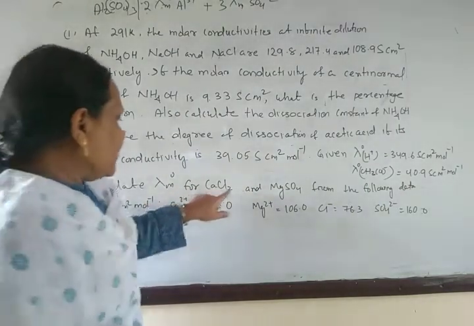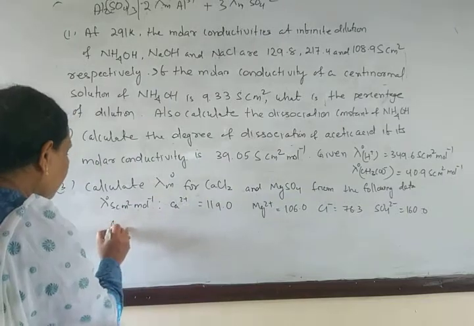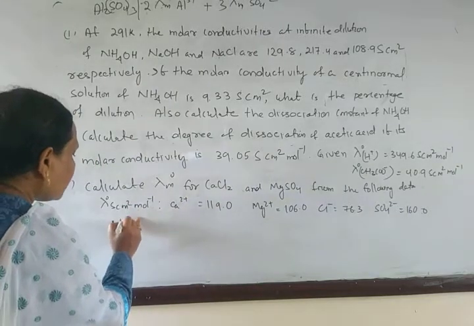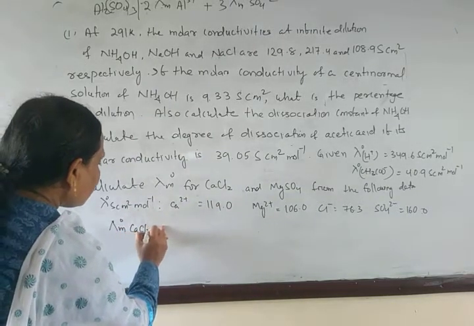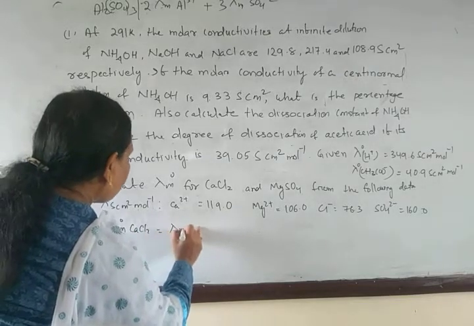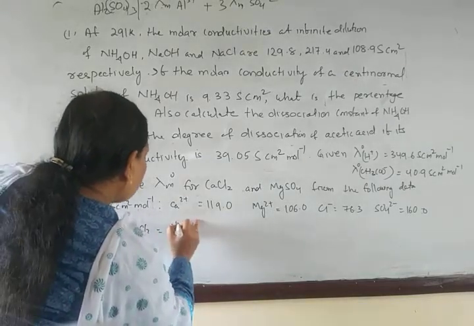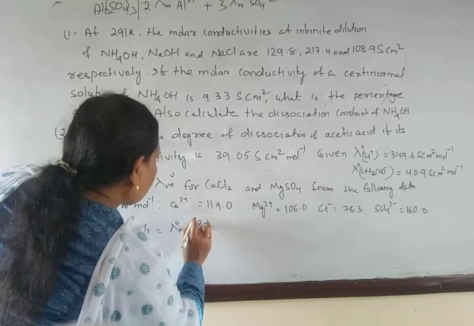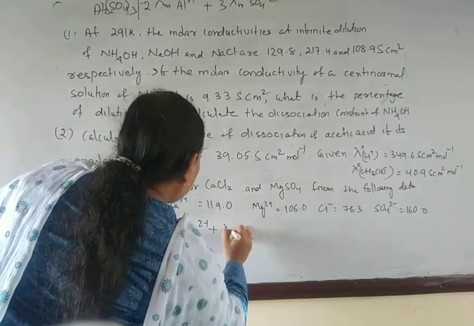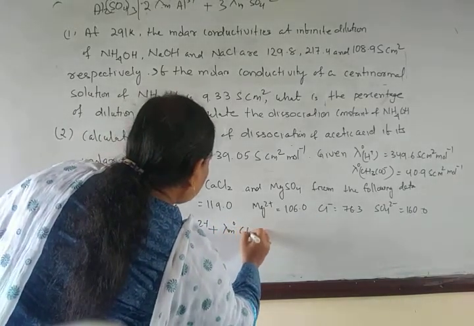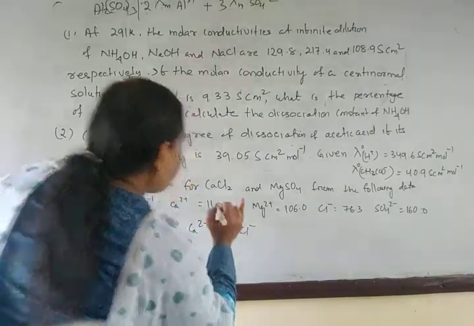So for CaCl2, lambda m naught of CaCl2 is equal to lambda m naught of Ca2+ plus lambda m naught of Cl- multiplied by 2.